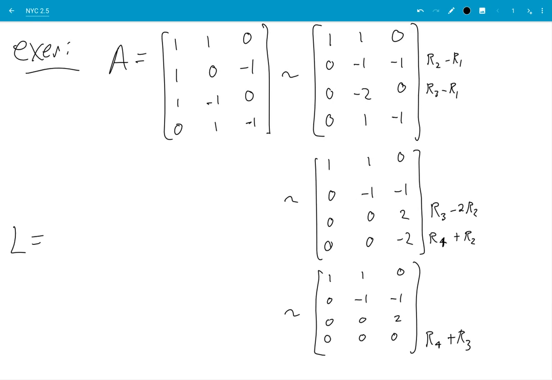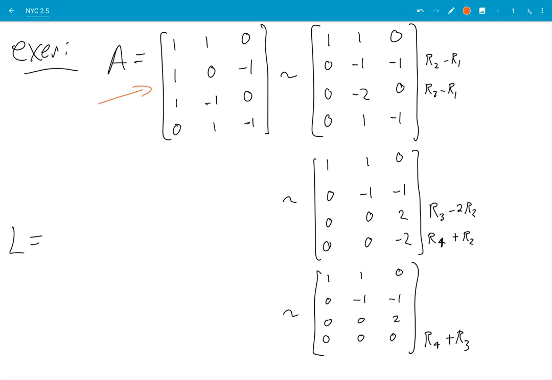And for L, this is 4 by 3. So L is 4 by 4.